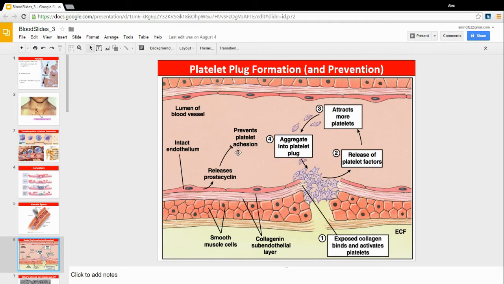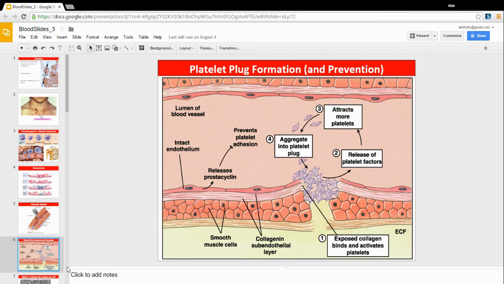So platelets cannot stick to healthy cells. This restricts them to the site of injury, which is really good. So this is going on at the same time as vascular spasm. It is providing some immediate blockage for the damage.